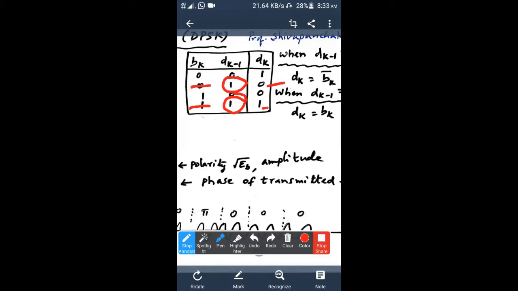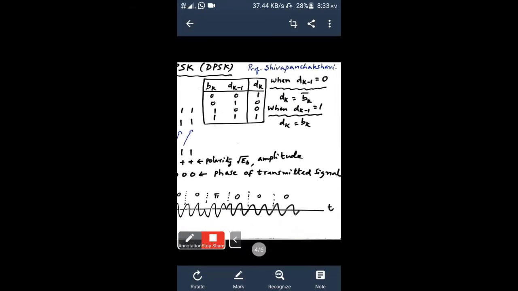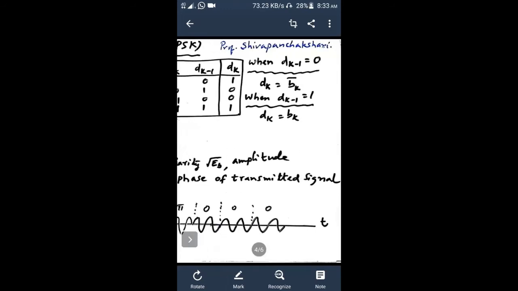Right. So this property of XNOR is used here, and that is given here as a summary equation. When DK minus 1 is 0, DK equals BK bar. That is inversion.